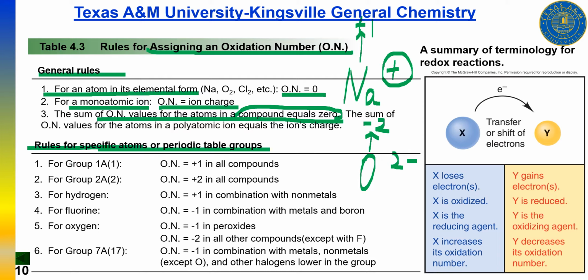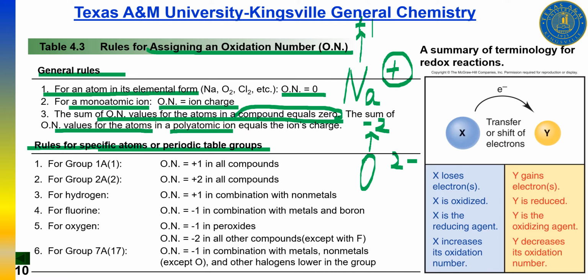The sum of oxidation numbers equals 0. If you have a polyatomic ion, the sum of oxidation numbers of your atoms in that polyatomic ion equals the ion charge. We are going to show you an example a little bit later.